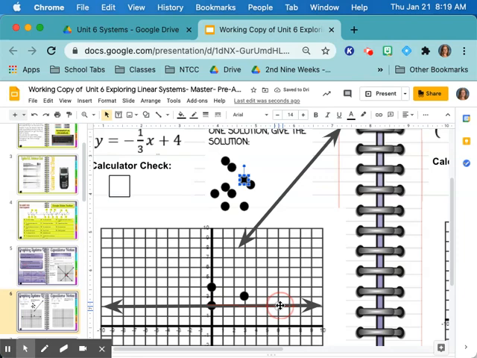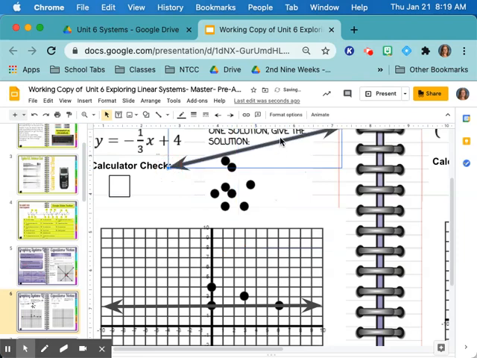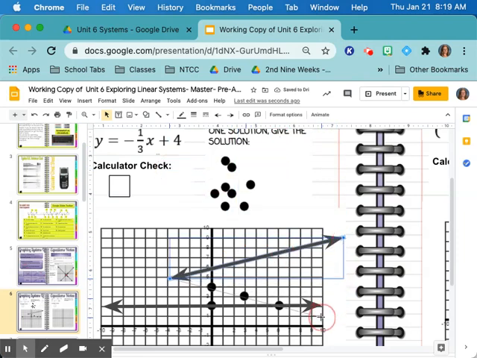Down 1/3. See if I can get it to go through those points. Okay.